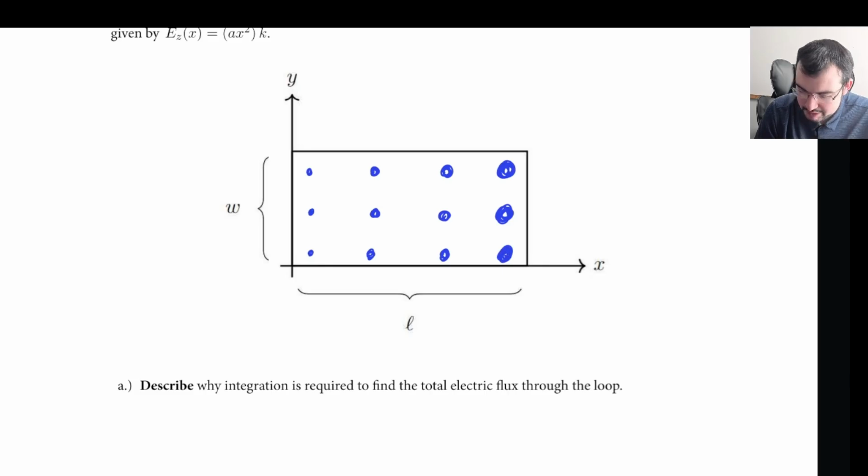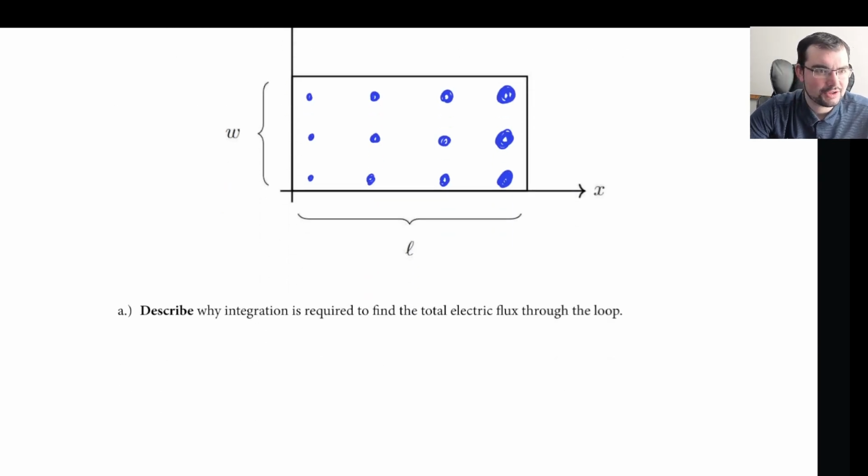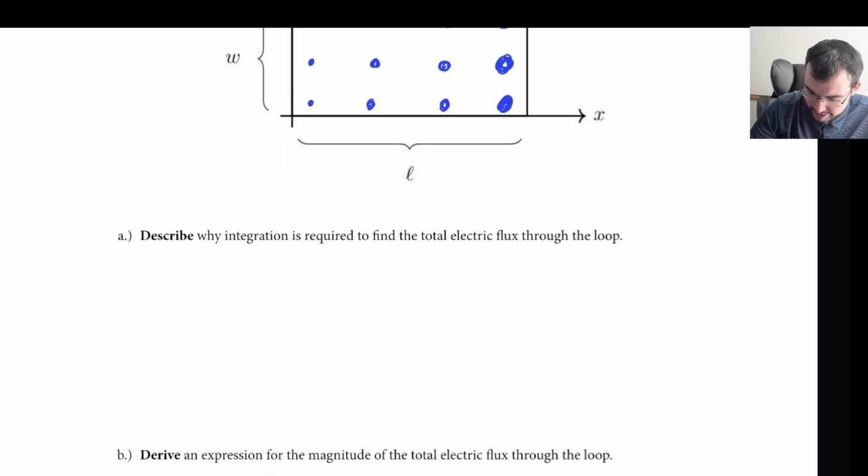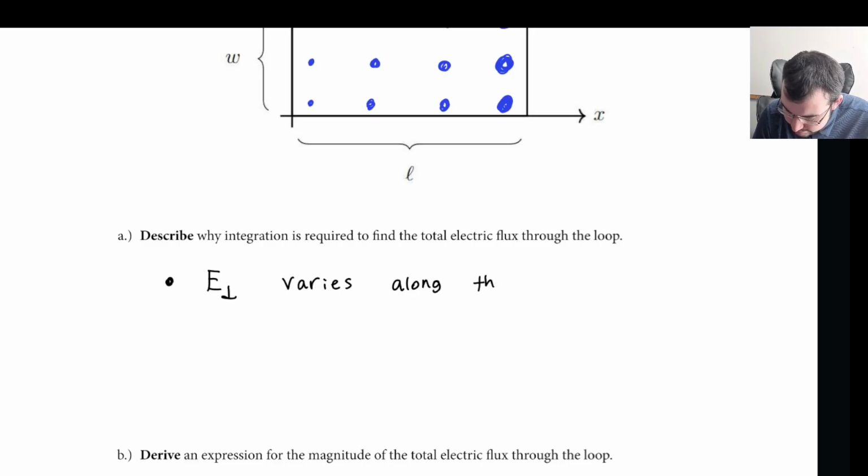And it varies only with the x coordinate, so I know that at all these heights, they're going to have the same strength. So why do we need integration? Well, hopefully the picture shows it. But again, we say that E perpendicular varies along the surface.